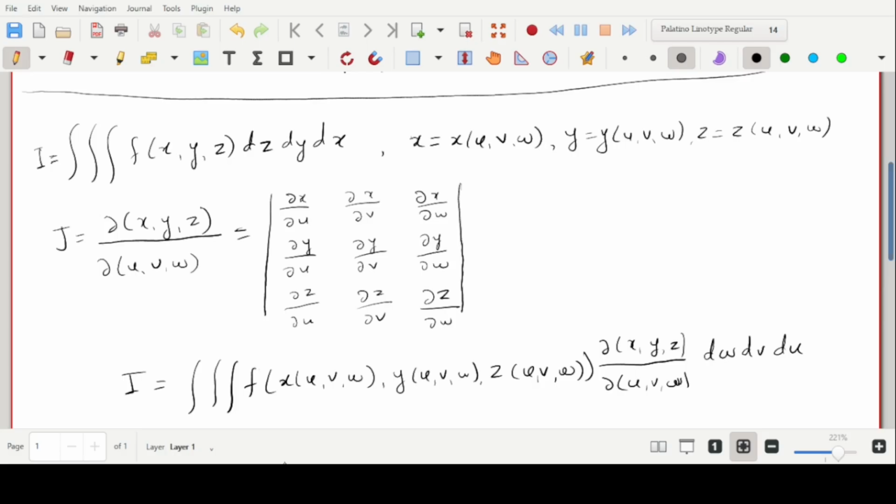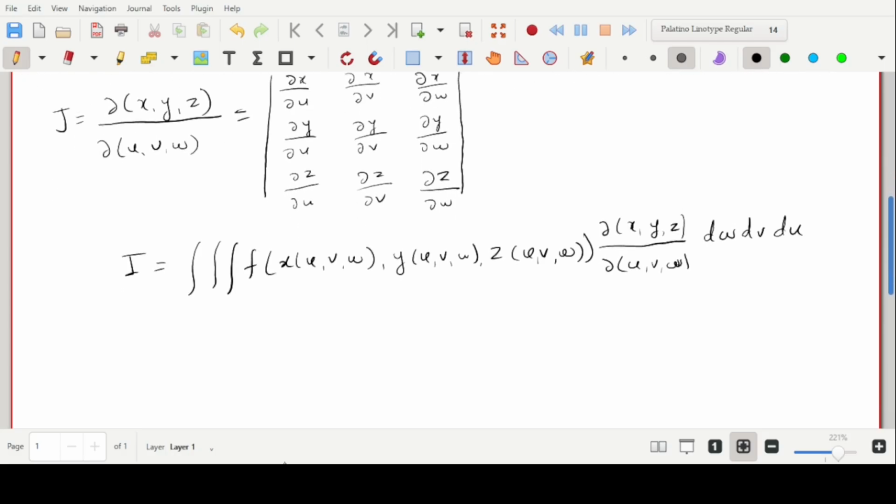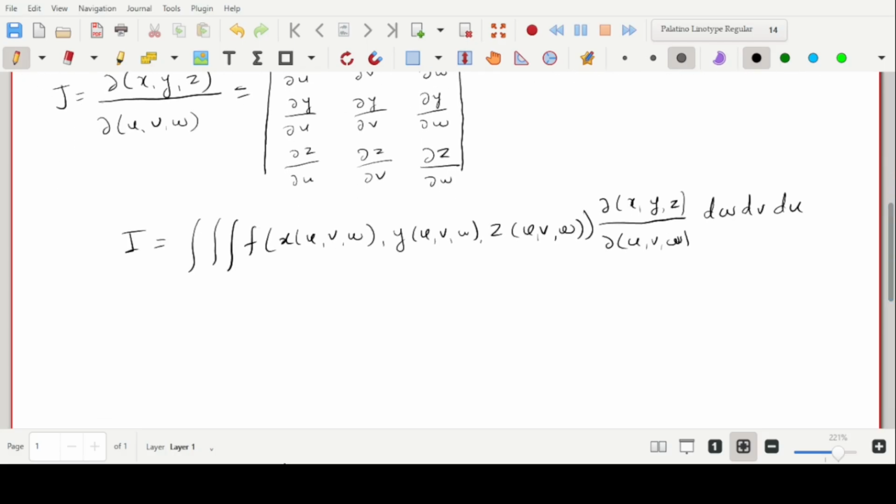So in this lecture we shall see two specific types of change of variables, or change of coordinates. One is called change into spherical coordinates, and the other is called change into cylindrical coordinates. In the case of double integration, we used polar coordinates. We saw how to change usual Cartesian coordinates into polar coordinates.